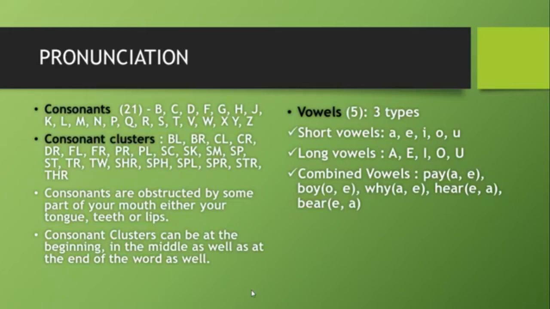Now, what are consonants basically? Consonants are B, C, D, F, G, H, J, K, L, M, N, P, Q, R, S, T, V, W, X, Y, Z. These are the sounds I am referring to.